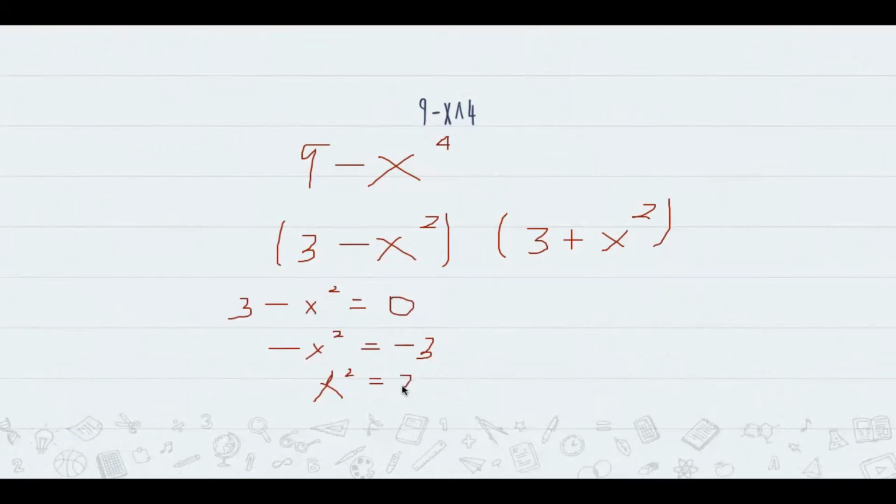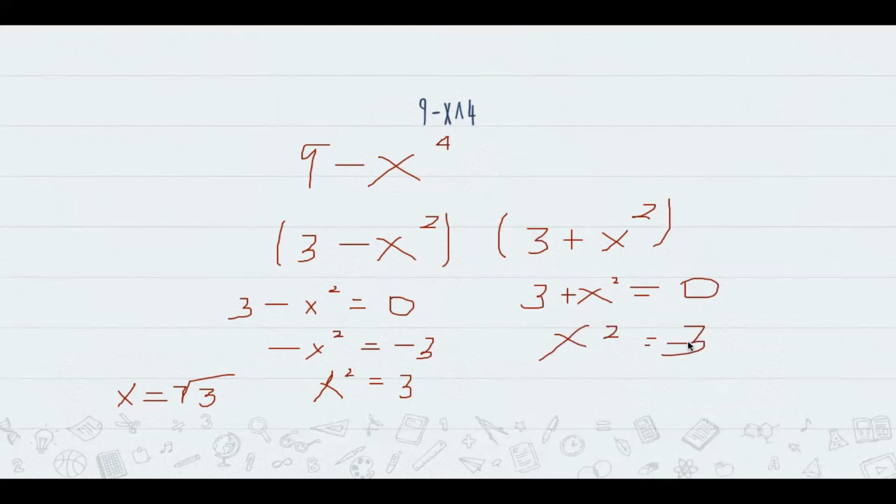So you have x squared equals 3. So you have x equals radical 3. So this is one value. But the other value wouldn't work out, and I'll show you why. 3 plus x squared equals 0. So then x squared equals negative 3 because you subtract 3 on both sides.